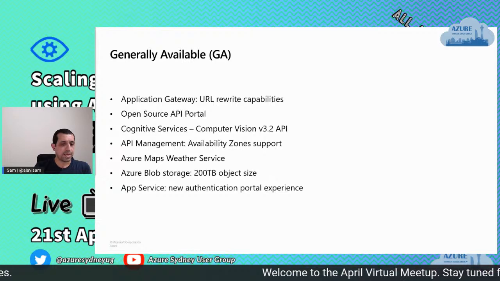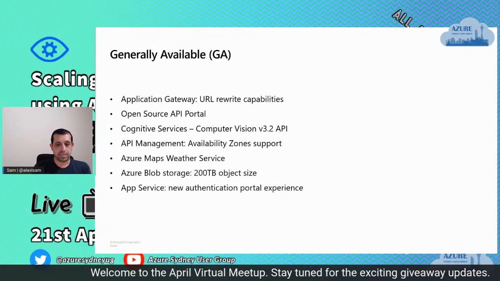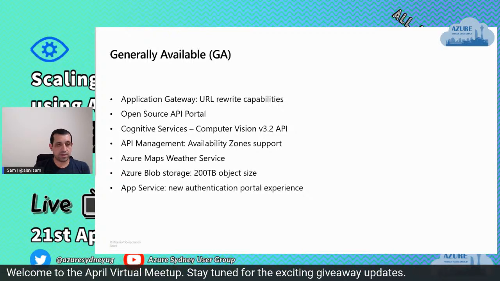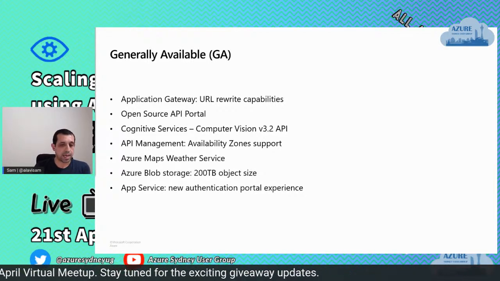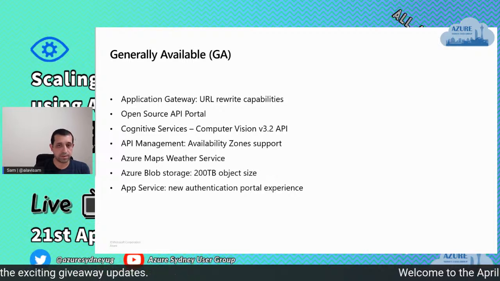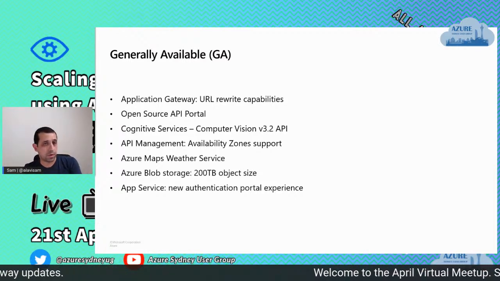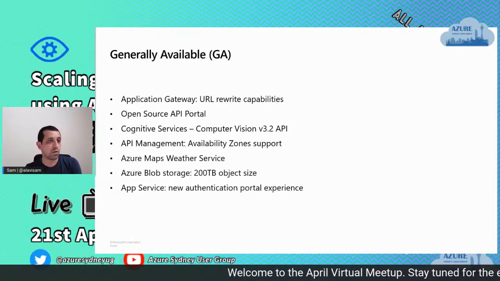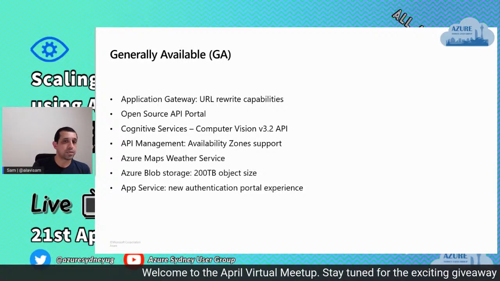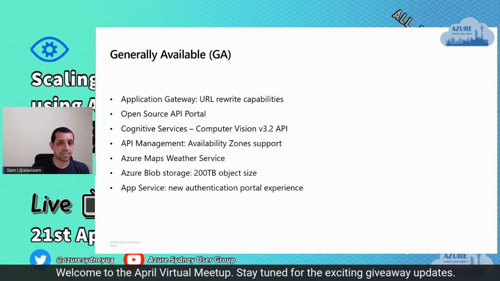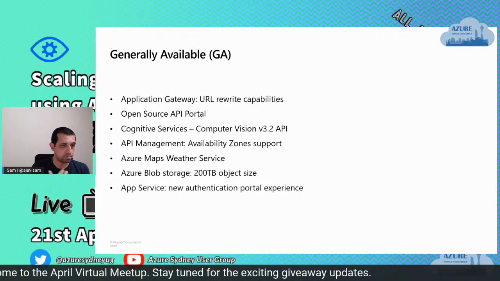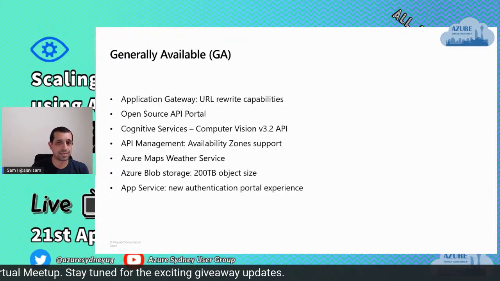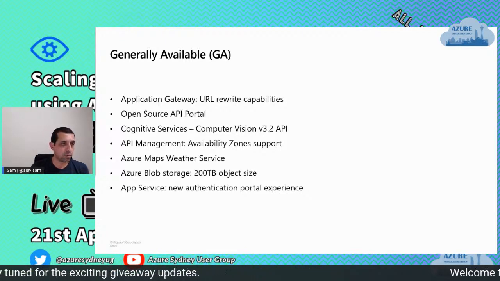Another update is around the Azure Maps service. Azure Maps is another PaaS service from Azure, and one of its members is the weather service. The weather service now uses global data from a worldwide weather service provider, which all of us know as AccuWeather.